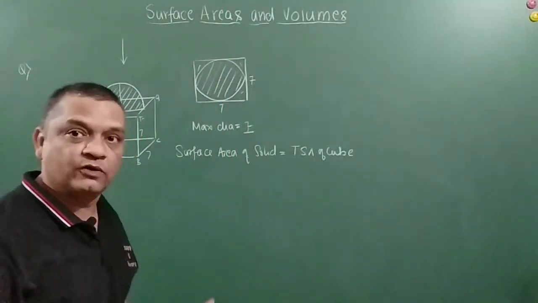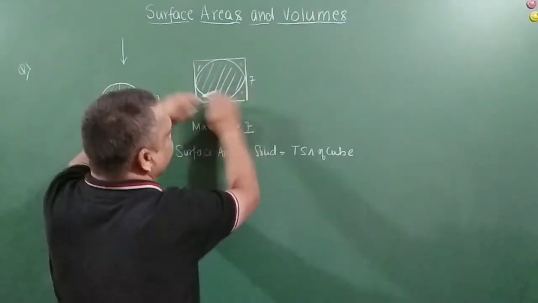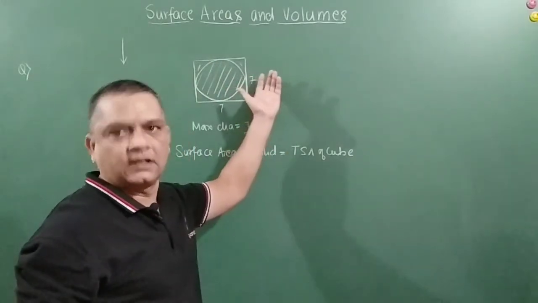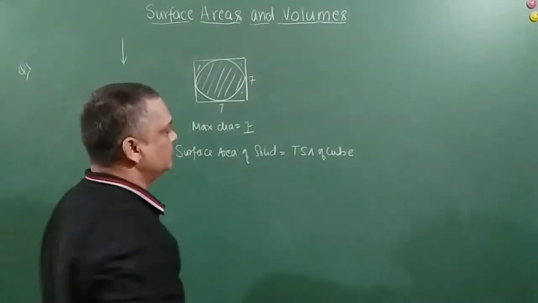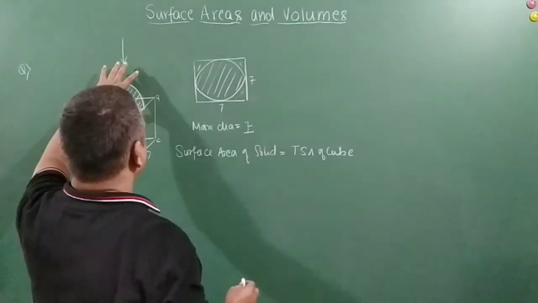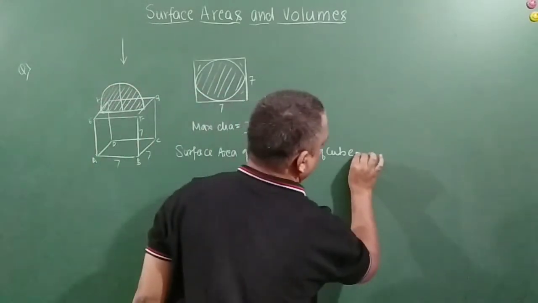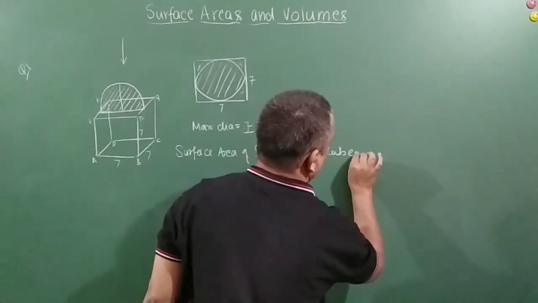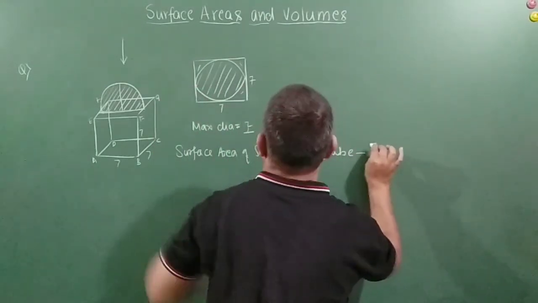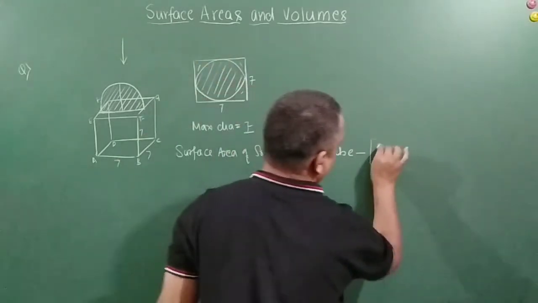So how do we find it out, friends? So this surface area of this minus this circle, area of the circle, correct? So that will be total surface area minus, I'll write it in bracket, 7 into 7, that is 49.